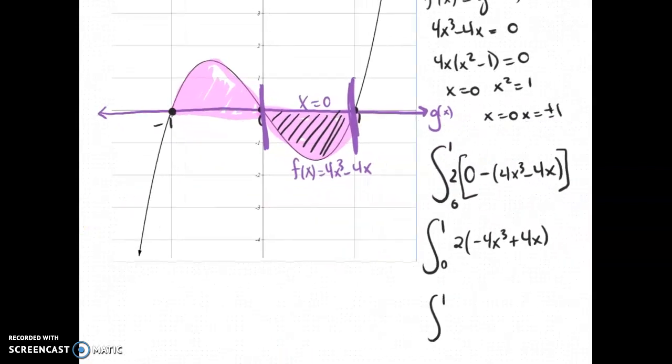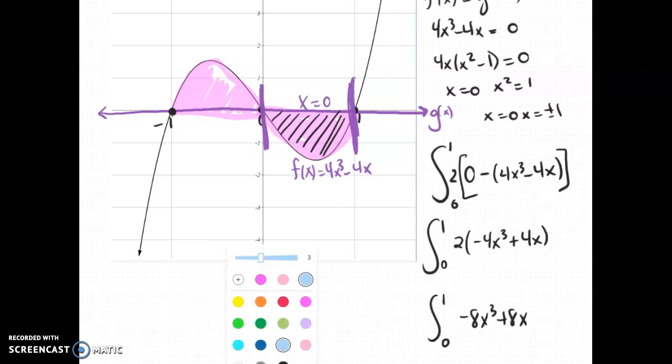And so that would give me negative 8x cubed plus 8x. So then in place of the blank there, I'm going to put in the integrand that is shown here. So negative 8x cubed plus 8x.